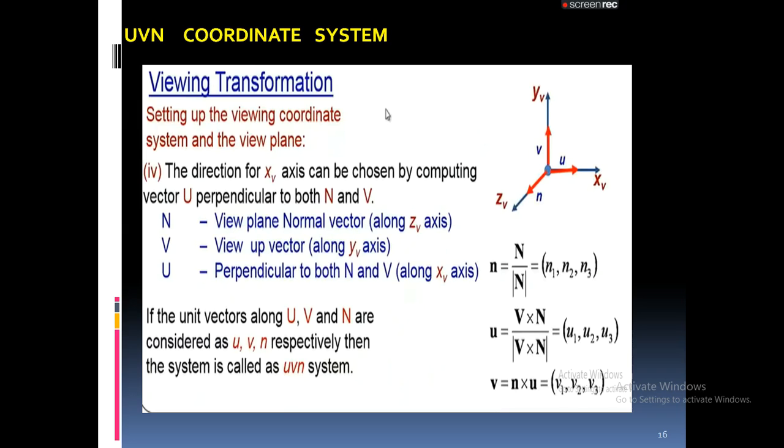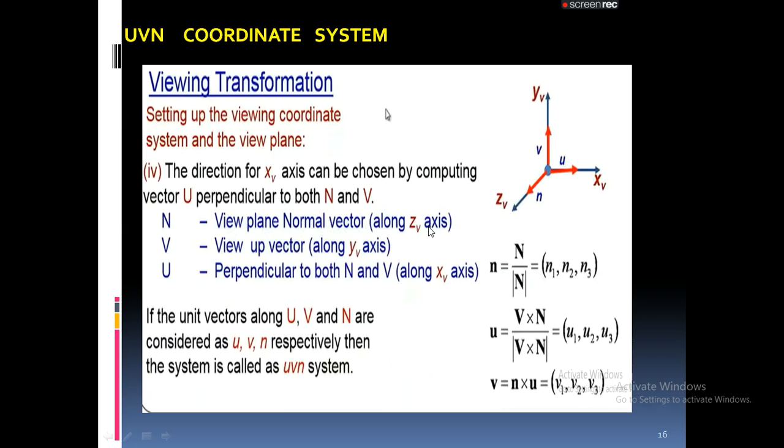Next we will see how we can represent the viewing coordinate system in a UVN coordinate system. We need to set up the viewing coordinate system and the view plane here. Assume that n is called the view plane normal vector, and it is always along the ZV axis.